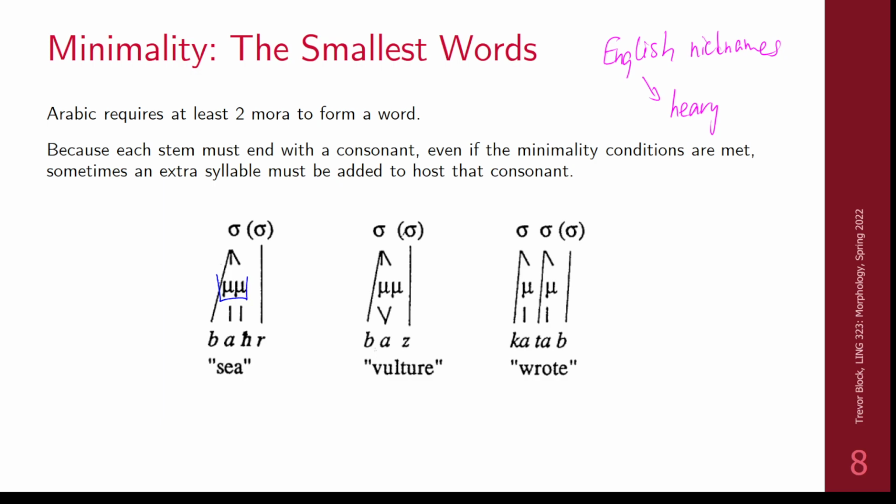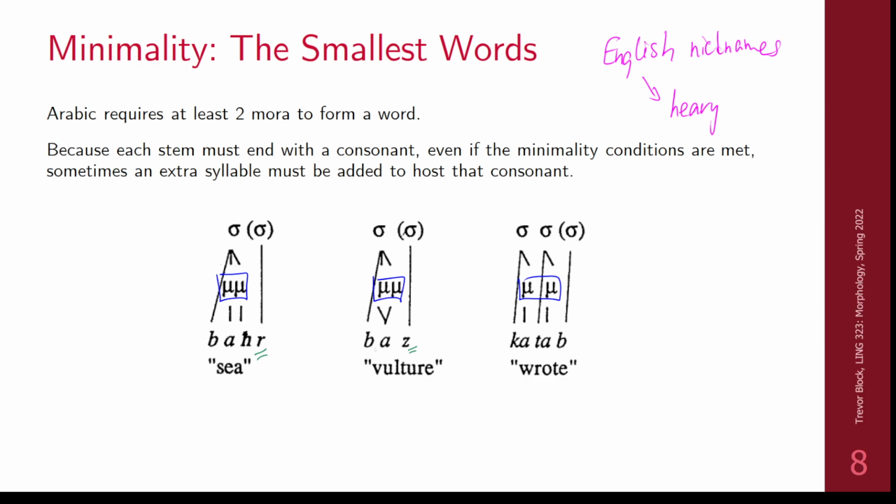So in the case of sea here and vulture and kitab, there are at least two mora in all of these cases. There's also this extra condition about what's called an extrametrical syllable. Because these words require a consonant at the end, if it can't fit into a heavy or light syllable, we introduce a new extrametrical syllable to host it.